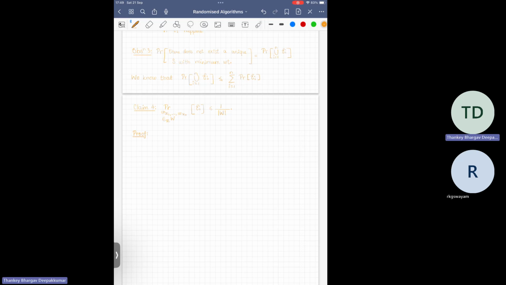I want to show that, let S1 be the set whose weight is minimum among all sets in F containing Xi, and S2 be the set whose weight is minimum among all sets in F not containing Xi. Then the probability that these two weights are the same is small, right?